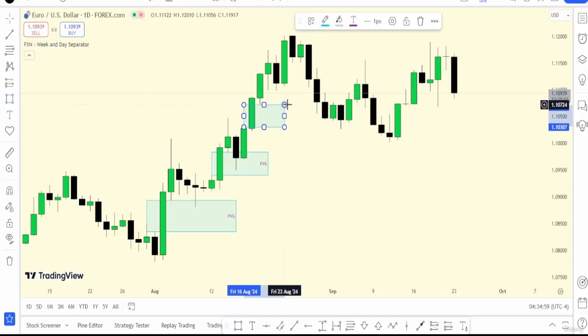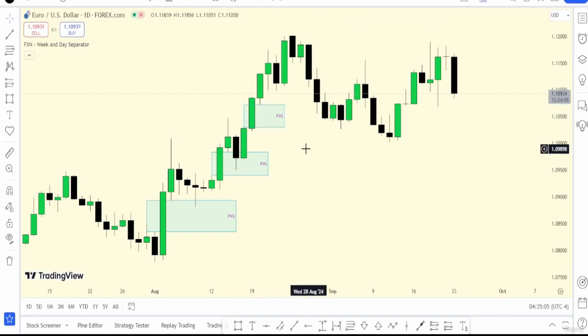The third one is this one, a fair value gap, and we know that the fair value gap tends to be rebalanced, so that has to clear that inefficiency. There's also this one. You can see that here the market retested this inefficiency.